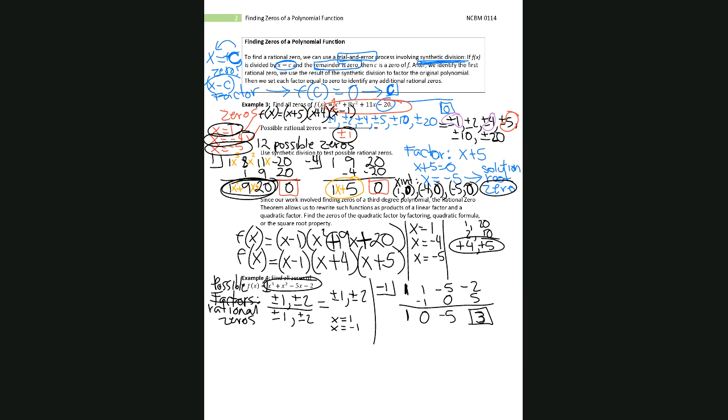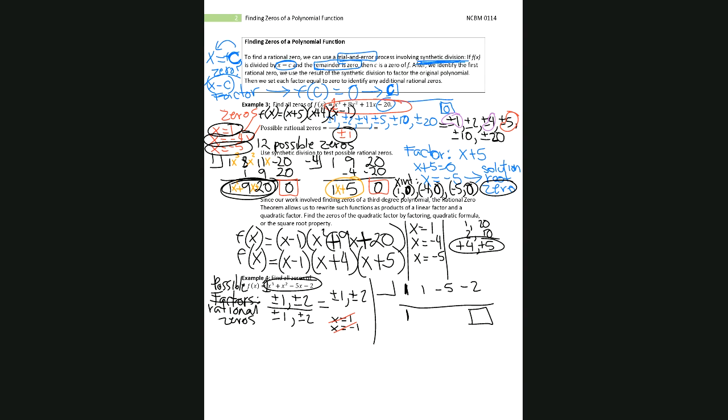So now the next thing for us to test is going to be positive 2. Well, this is a polynomial of degree 3, and what that tells me is that we could have at most 3 zeros. So let's see what will happen here.